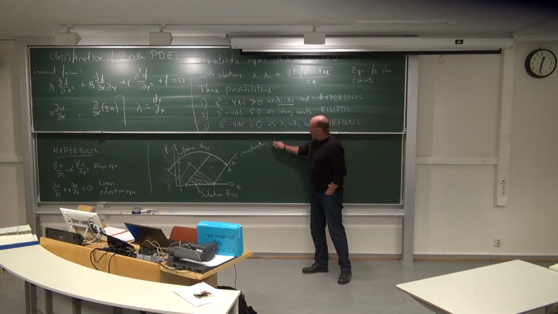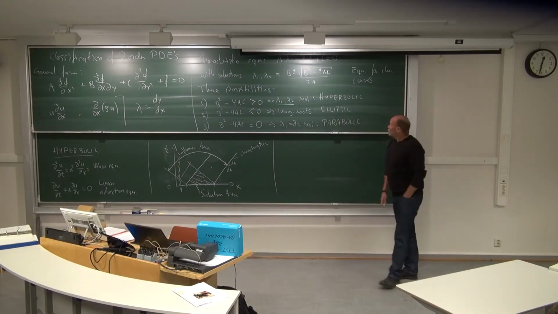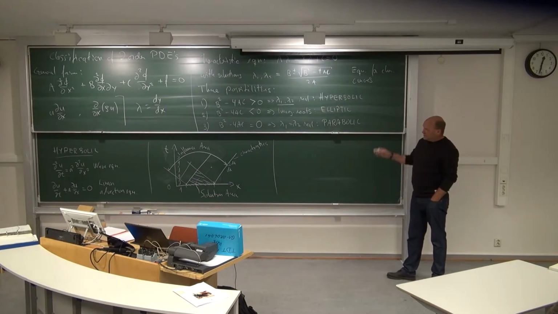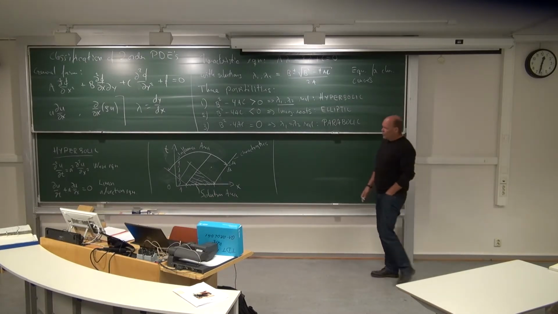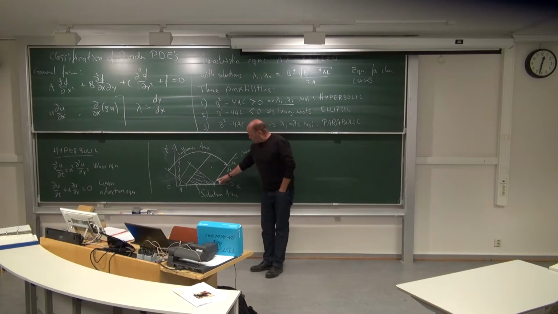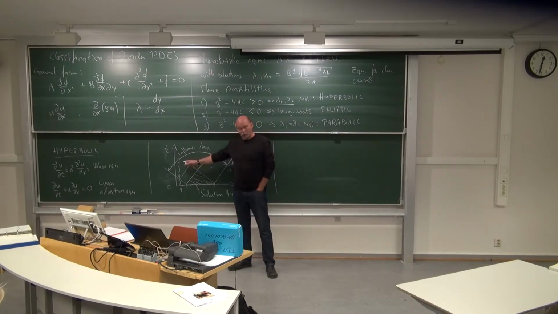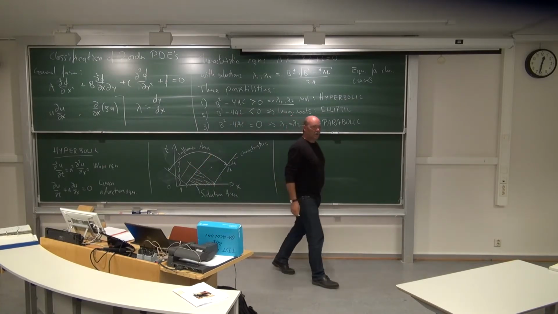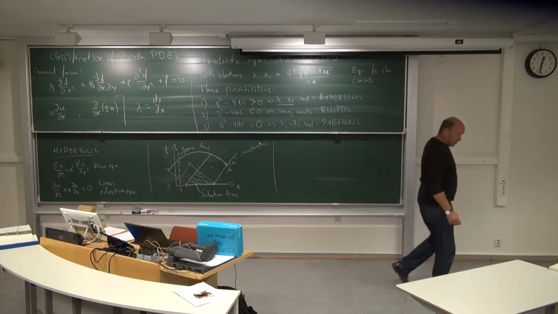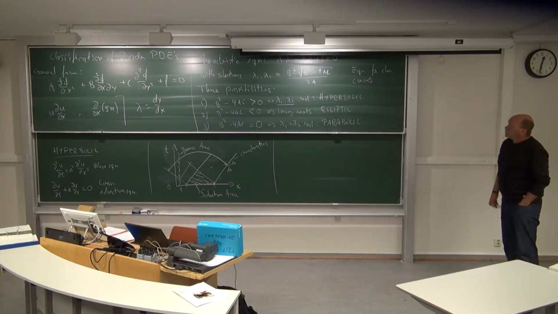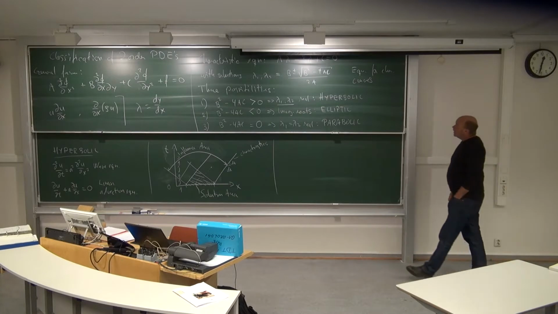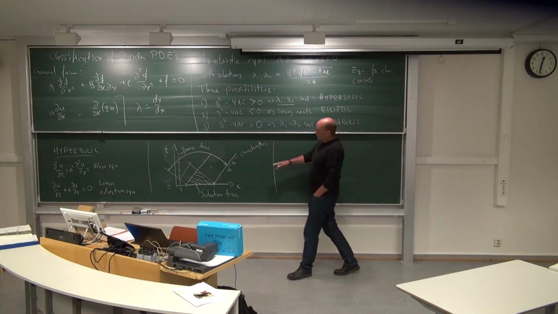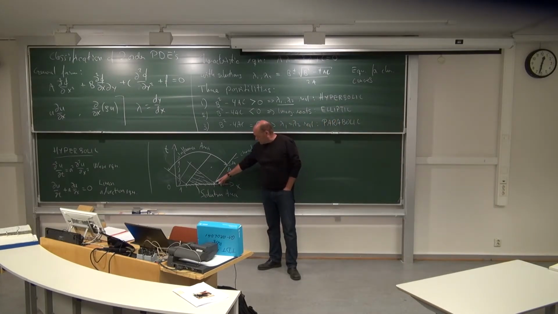So, for hyperbolic problems, you can say the information is traveling along these characteristic lines. So typically what you do if you want to find a solution for hyperbolic problems, you rewrite your partial differential equation and look at it in the direction of these characteristic curves.